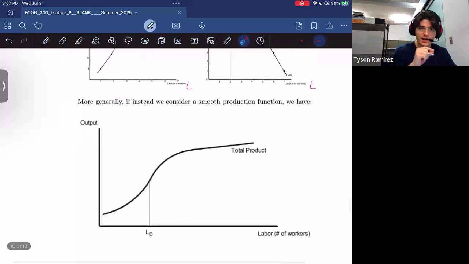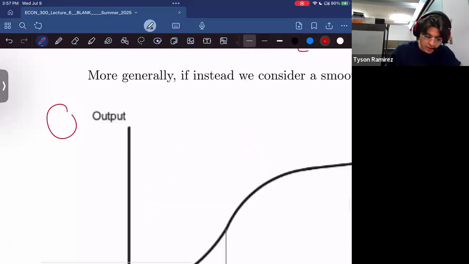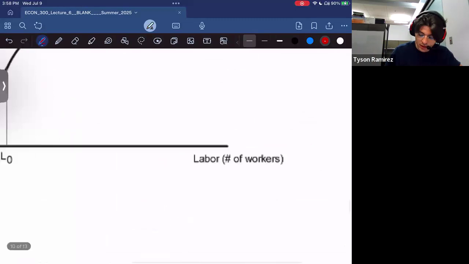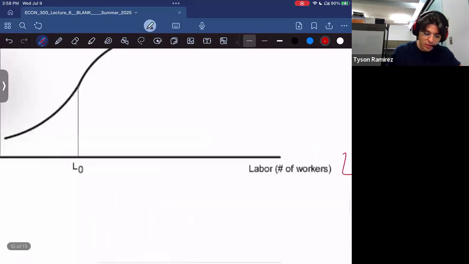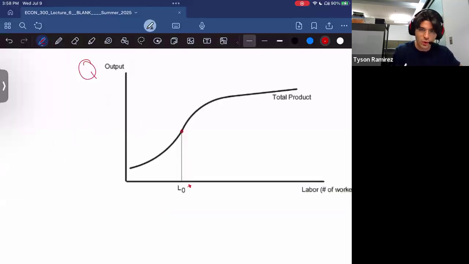But if instead we were to actually plot the function, then we would get a smooth curve. What I've marked here, remember this is quantity and this is labor, this is the inflection point. This is the point at which the marginal product of labor starts to decrease.